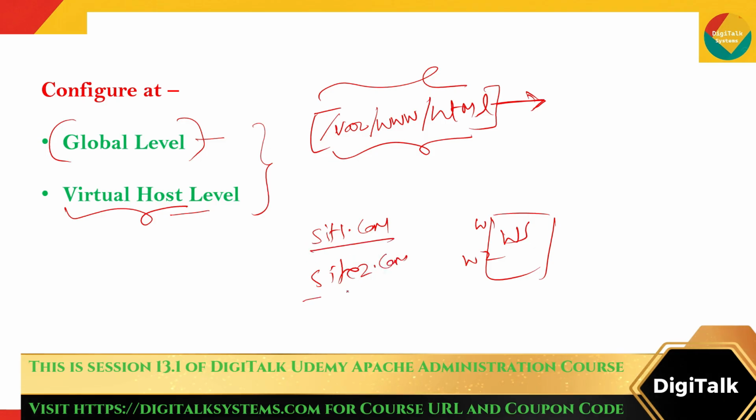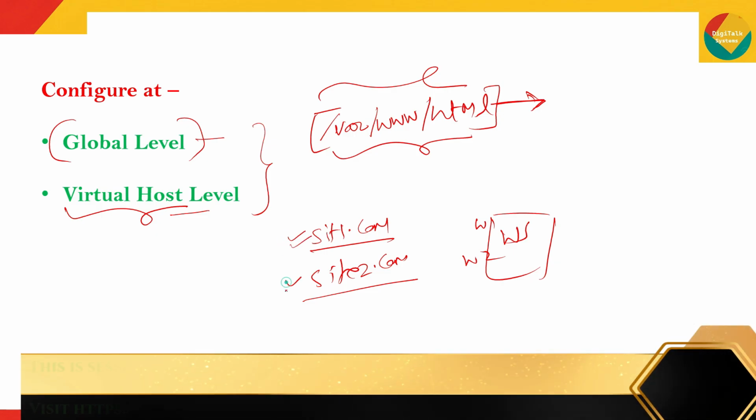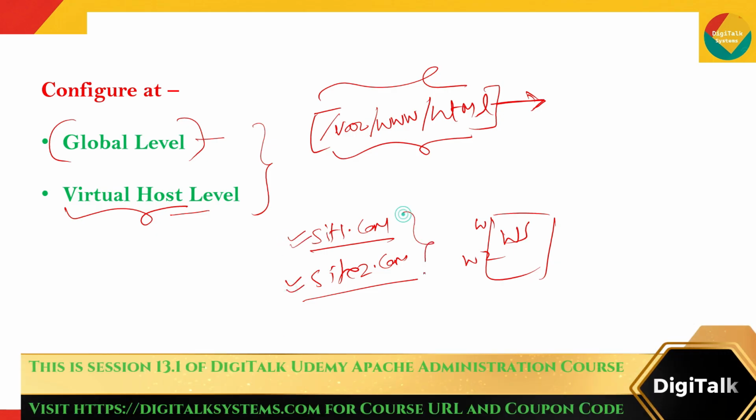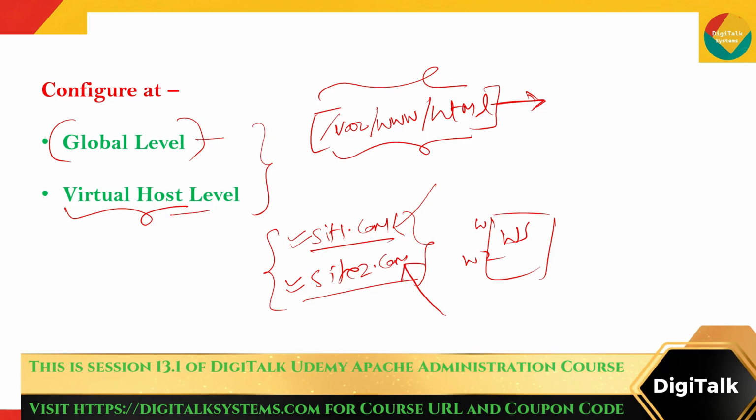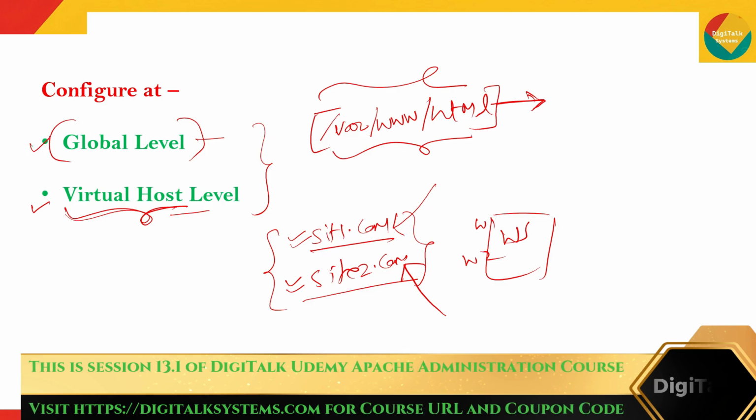These are completely different websites with different DNS, so we need to configure different certificates for these two websites. That means the certificate is configured at the individual site level in virtual hosting, which is called configuration at the virtual host level. So the first is the global level configuration, and the second is at the virtual host level.